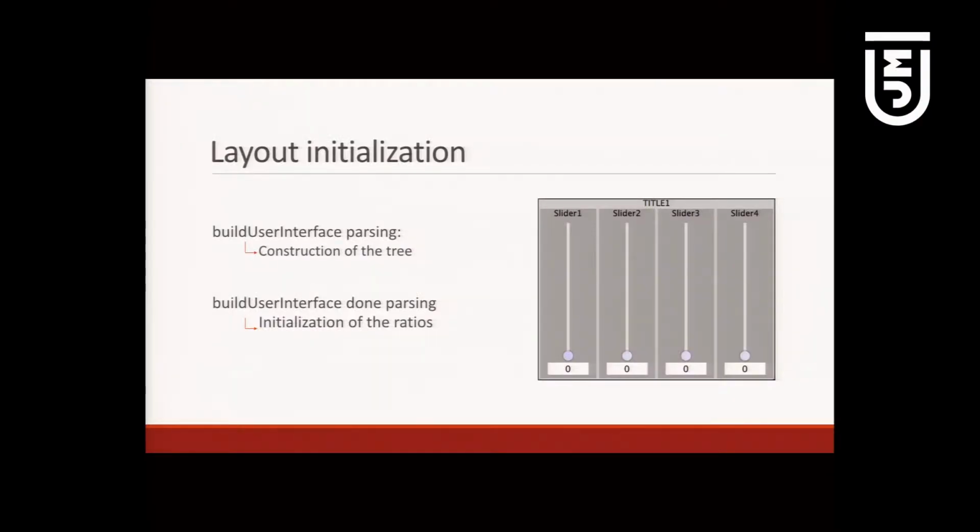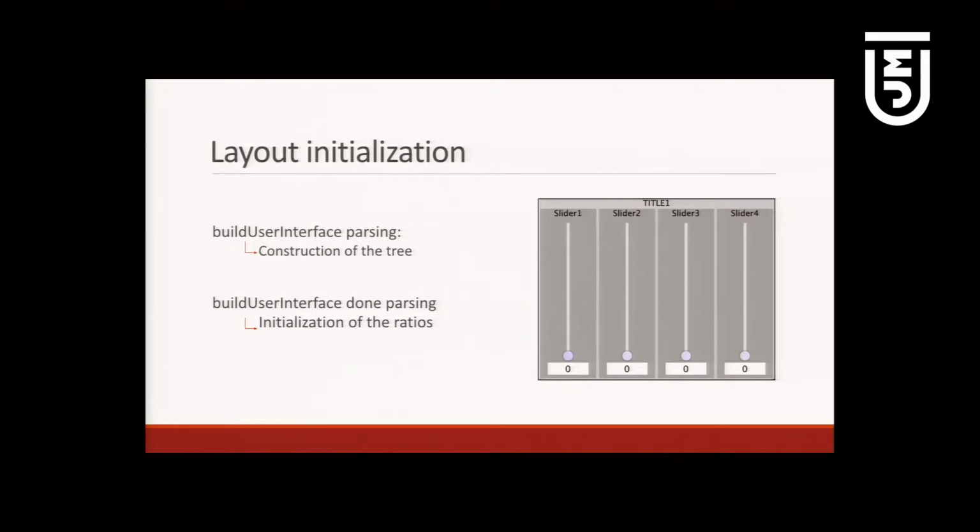Once we are done parsing this build user interface, there is another part of it, which is the initialization of the ratios. As an example, just imagine that the title 1 box is the whole interface. And in it, we have 4 sliders, which occupy the same width.